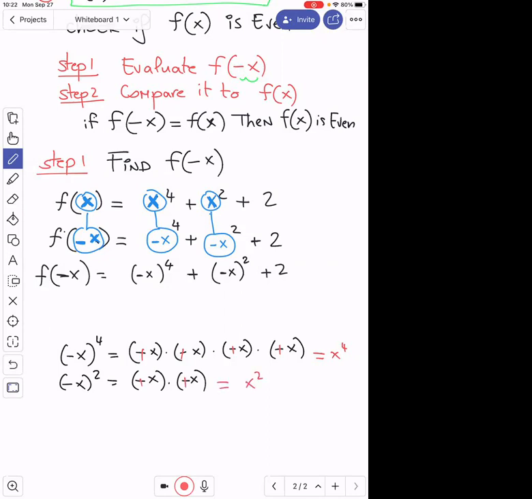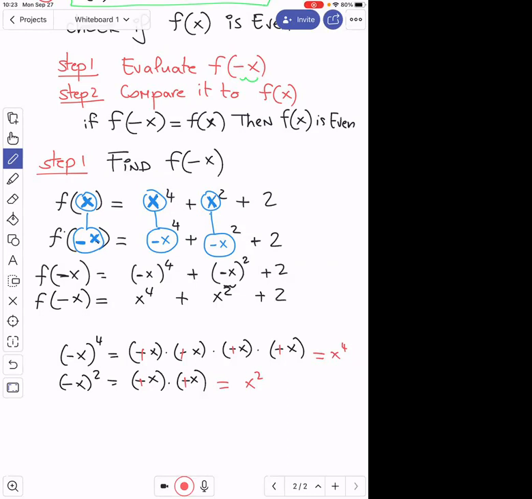So what I'm saying, guys, is, let's come back to f of negative x. We just proved that negative x to the power 4 is just x to the power 4, plus negative x squared, which is equal to x squared, plus 2.